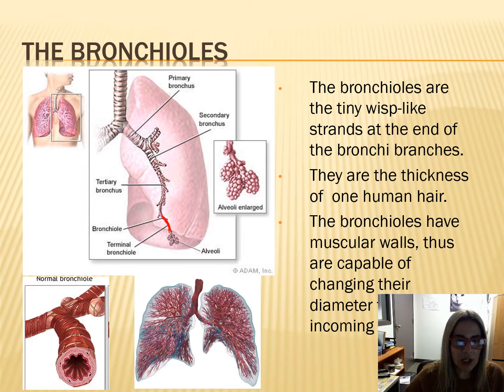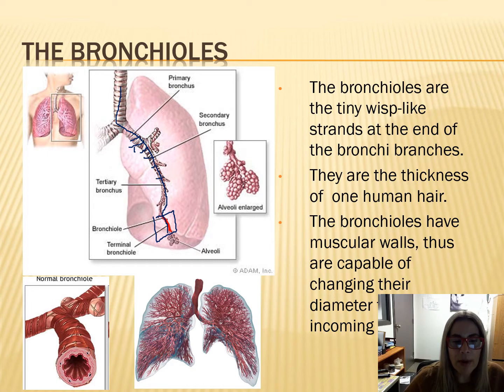If we take a look a little more closely at our bronchioles, here again is our general structure. Here's our trachea, and then going into our bronchus. And then the bronchus continues to narrow and continues to narrow until we get to the bronchiole. You'll notice once we get down to the super small, teeny tiny bronchiole, we no longer have those rings of cartilage that provide structure.